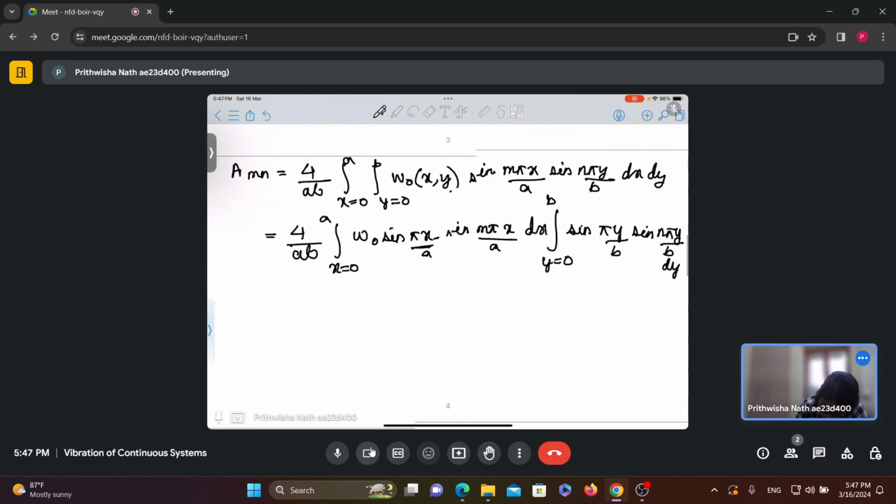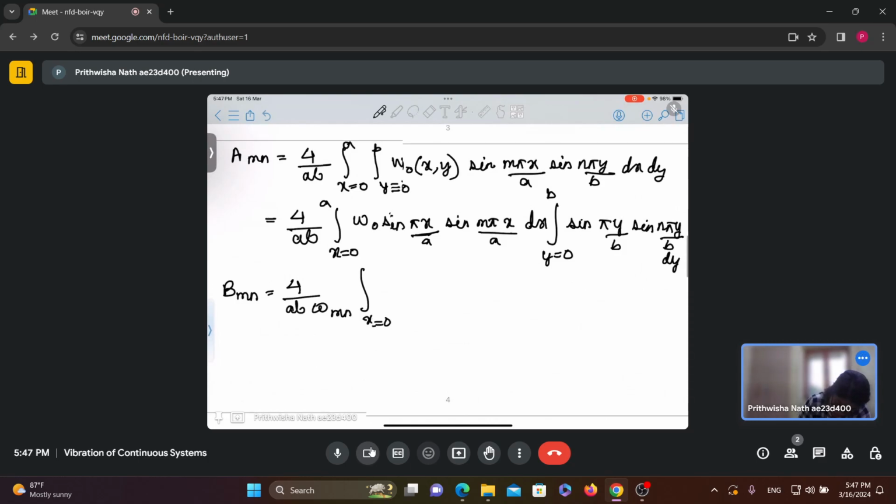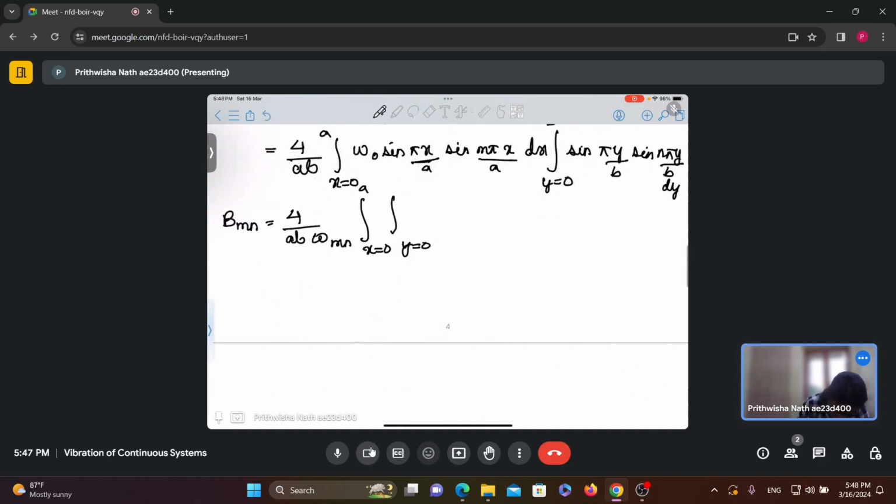and B_mn can be written as 4 by AB omega_mn, integration 0 to A of W dot naught (x, y) sine m pi x by A into sine n pi y by B dx dy.